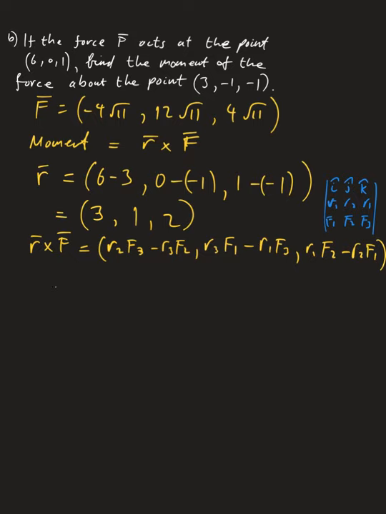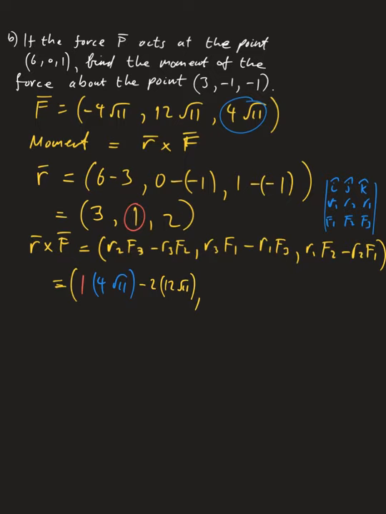So now I just pop in my numbers. So r2 times f3. r2 is the second element of r, so that's 1. f3 is the third element of f, so that is 4 times the square root of 11. And so on. Next we have r3 times f2. So r3 is 2 and f2 is 12 times root 11. So that's my first element of the cross product.